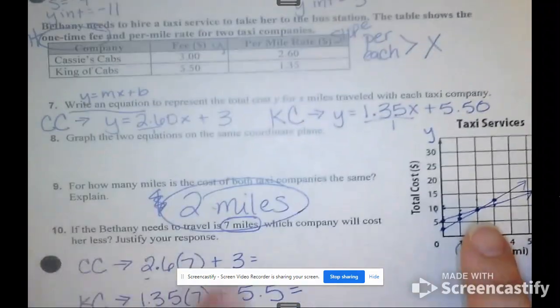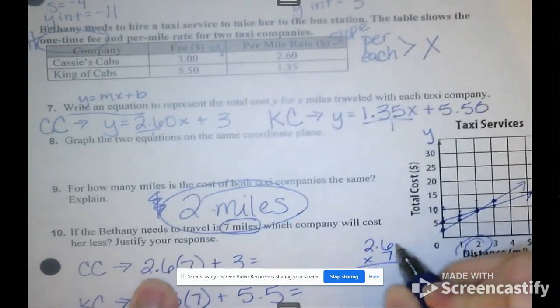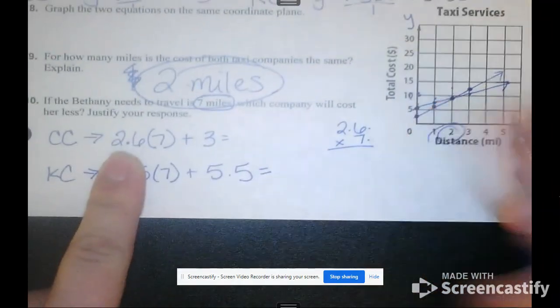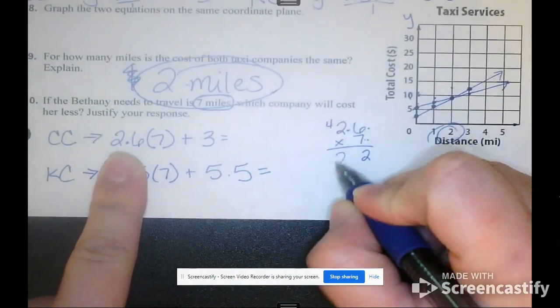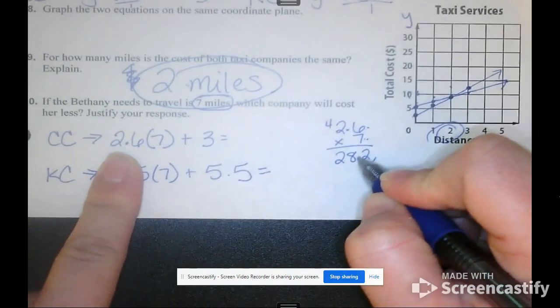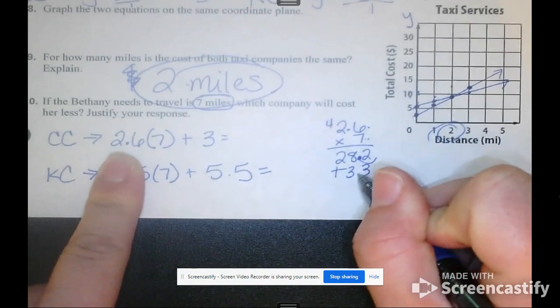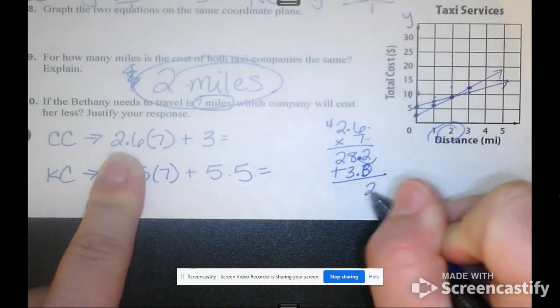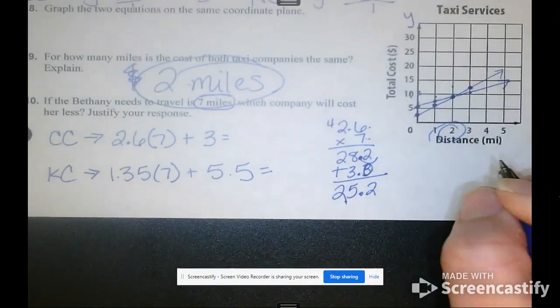We're still gonna go over it real quick. Okay, so 2.6 times 7. What is 6 times 7? 42. 6 times 7 is 42. 7 times 2, 14 plus 4. Okay, how many decimal places? 1. So 28.2 plus 3 is 25.2. Is that what y'all got? Yes.